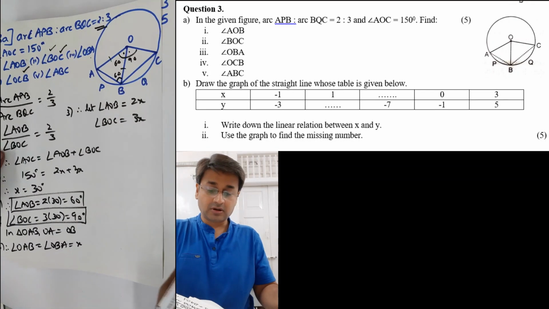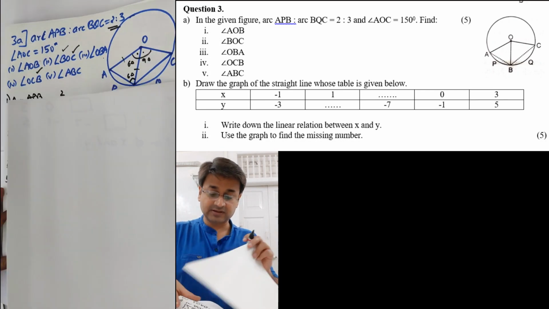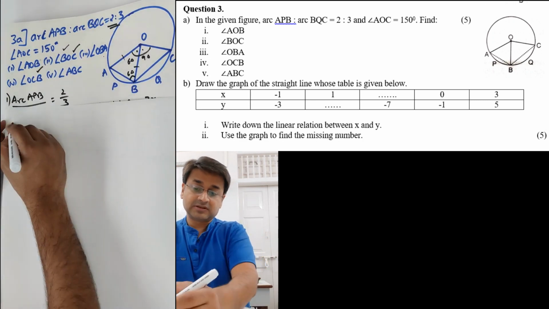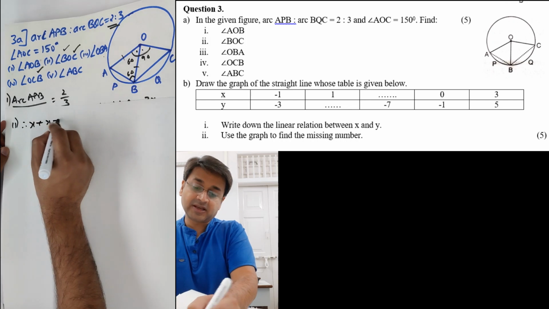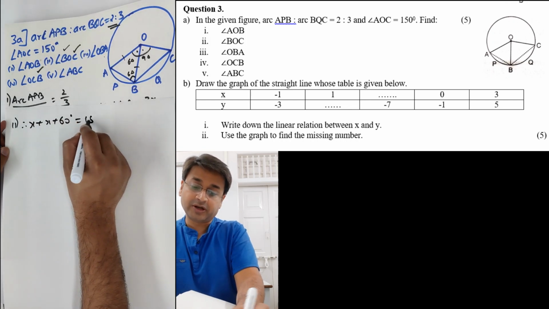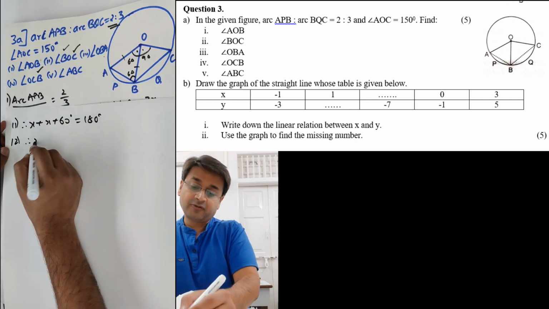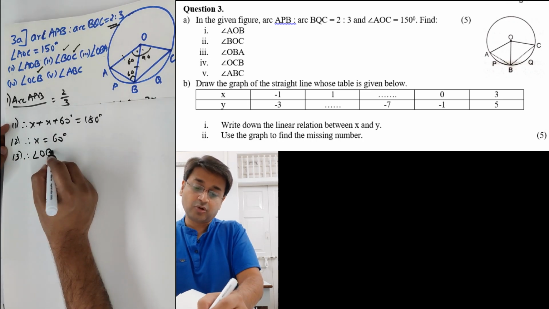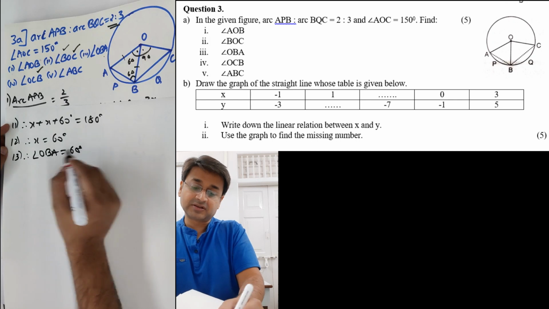Alright, so therefore I will say step 11, therefore x plus 60 is 180, and therefore x is 60. So finally I can say therefore OBA is 60 degrees.